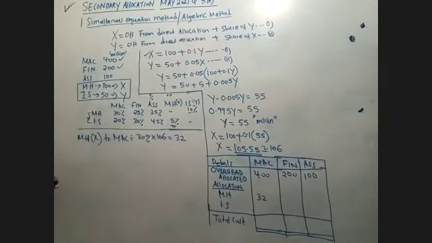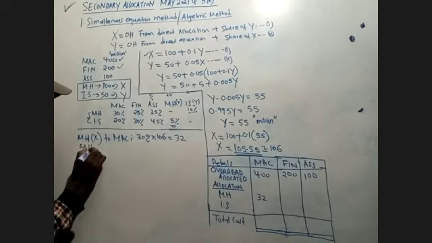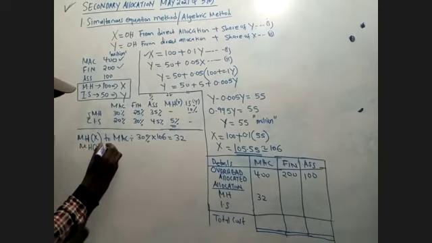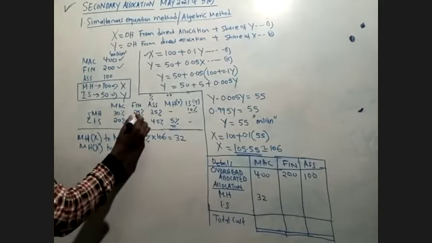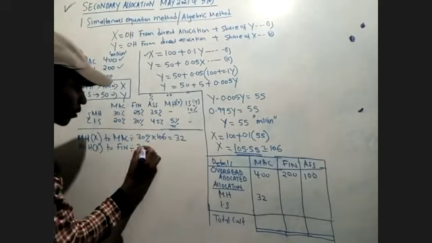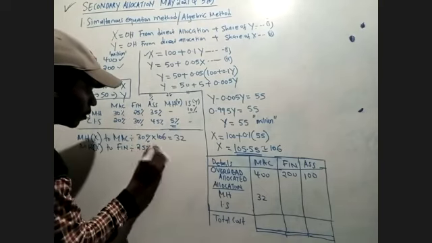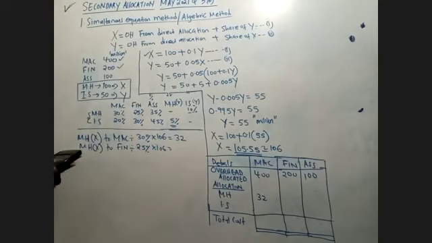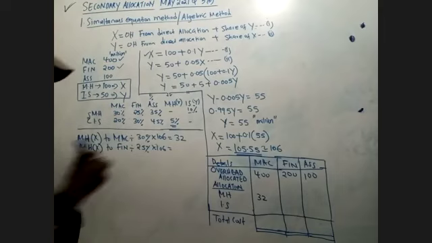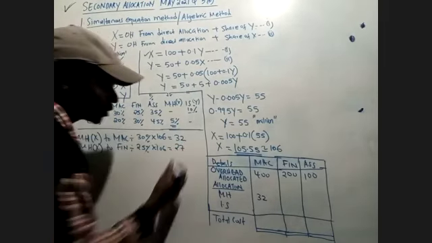Haya, still MH, which is X to fin. So fin anachukua ngapi? 25% of 106. So 0.25 times 106, which is 27.